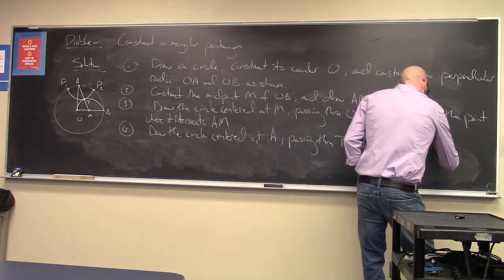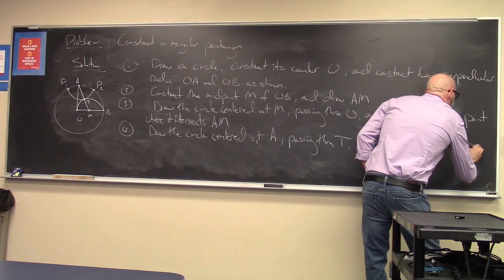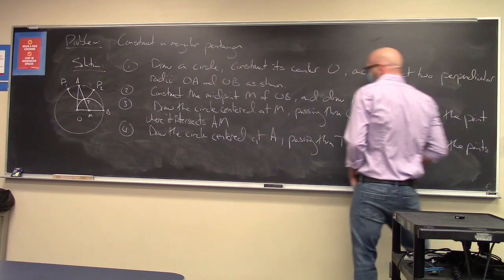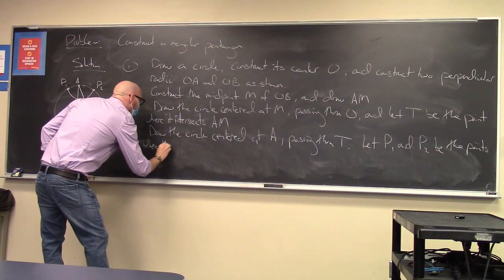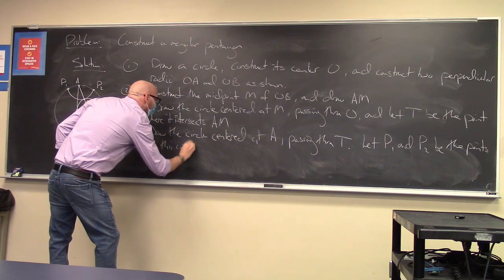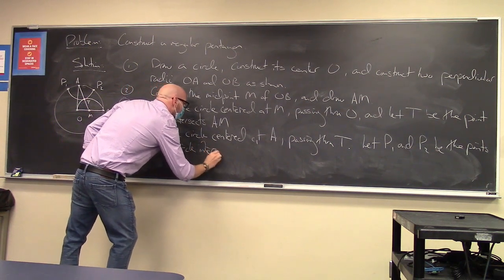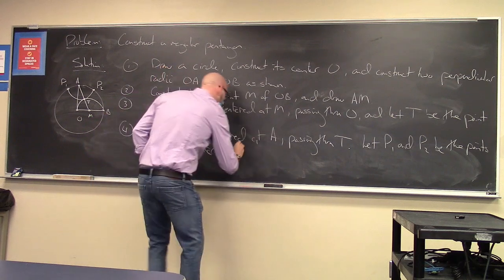Let P1 and P2 be the points where this circle intersects the original circle.